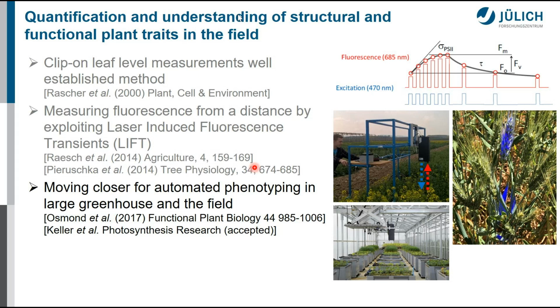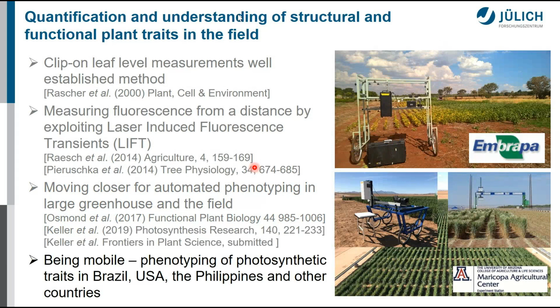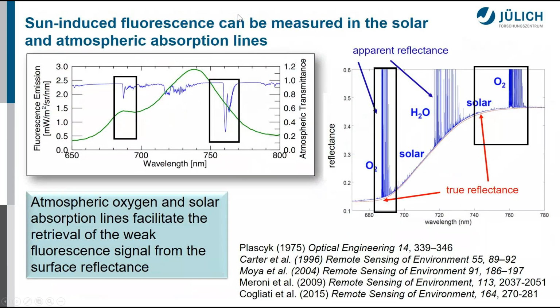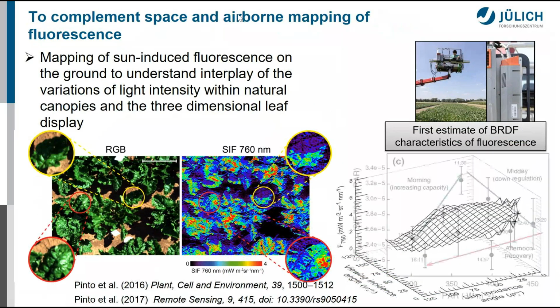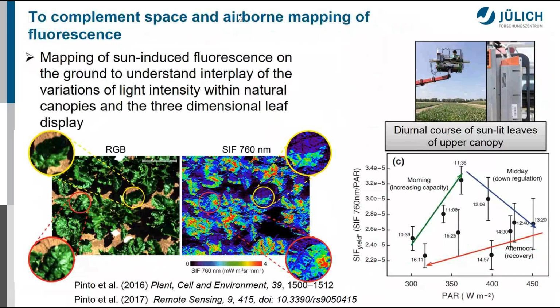And you have the change of the photosynthesis of a plant anyway over the day. So if you cover large areas, it takes time. During the day, all kinds of changes influence your measurements. So how do you then compare one part of your field with another part of the field?